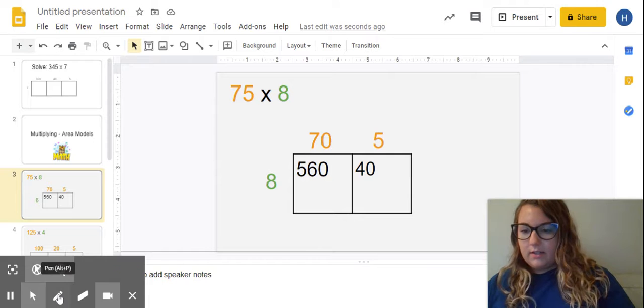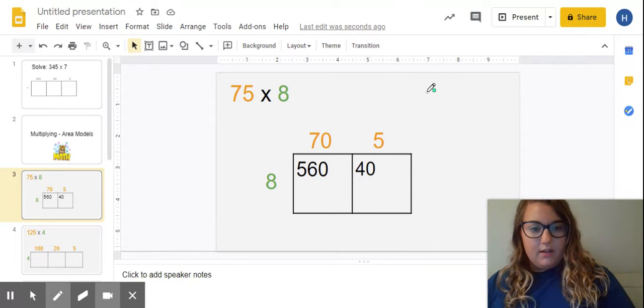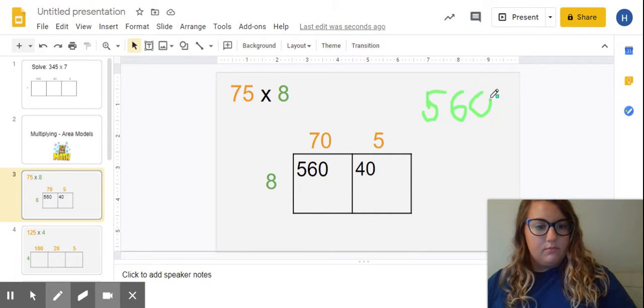So off to the side here, I am going to add 560 plus 40, keeping in mind that I need to make sure that my place values are lined up correctly so that when I am ready to add, everything is where it needs to be.